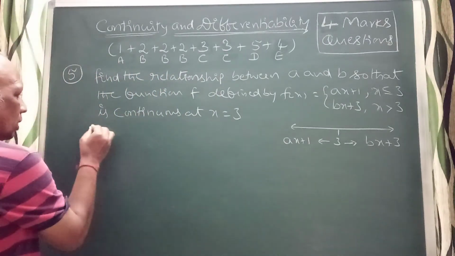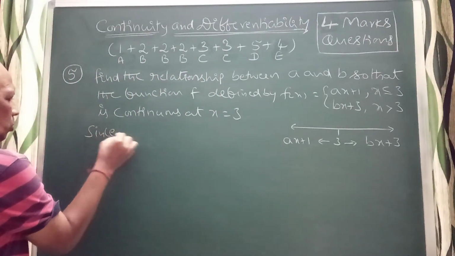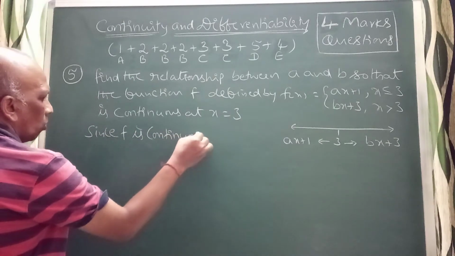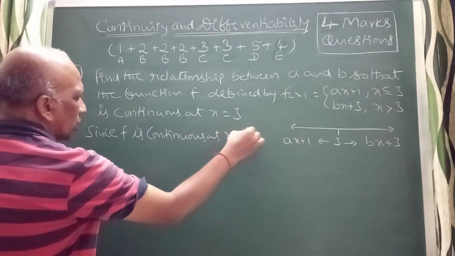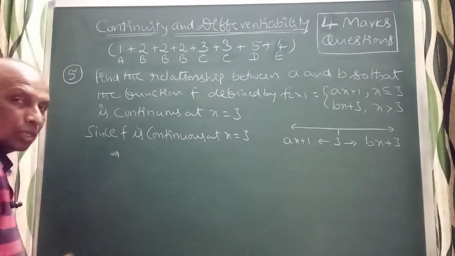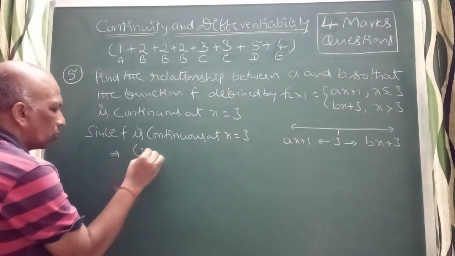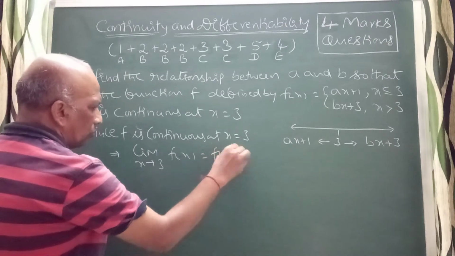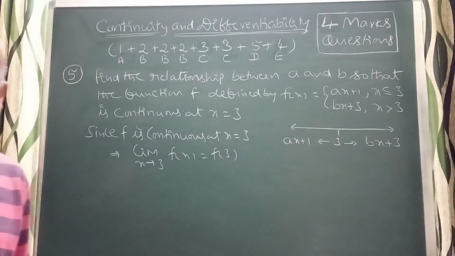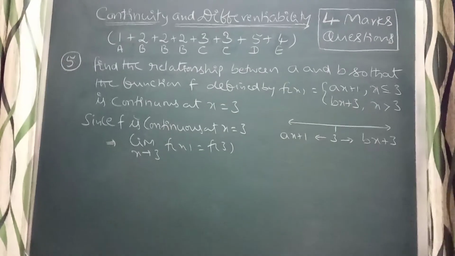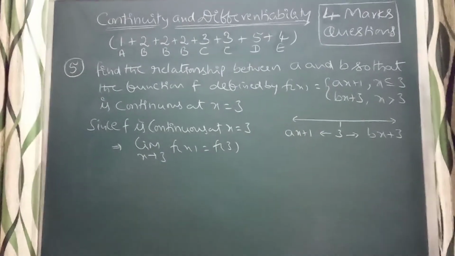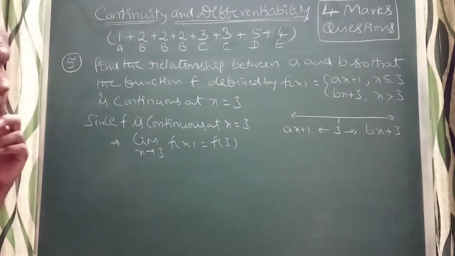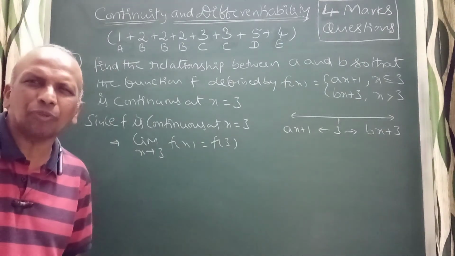Since f is continuous at x equal to 3, I can write limit x tends to 3 f of x equal to f of 3.